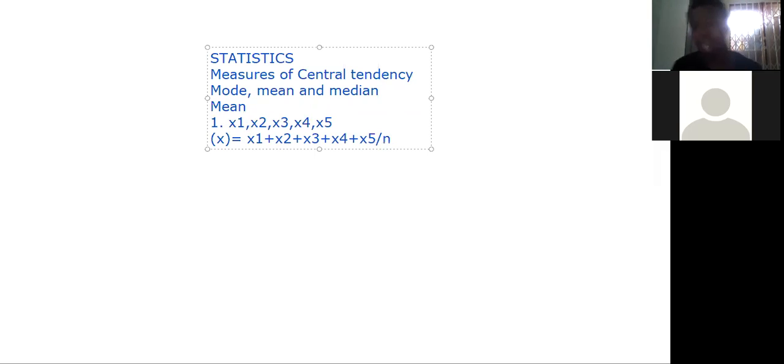Here n is 5, so I divide by 5. I hope you are getting it. In other words, our mean can be defined as the summation of these all over the number of these.